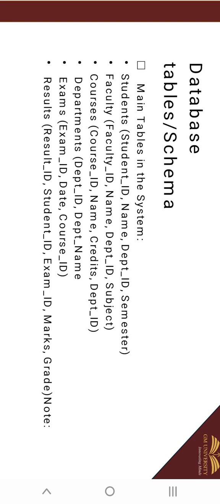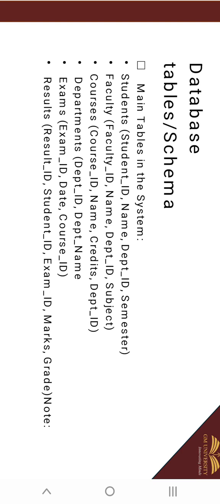Students is an entity, and id, name, department id, semester are the attributes of students. Faculty is an entity or schema, and its attributes are faculty id, name, department id and subject. Here course is an entity or schema that includes course id, name, credits, department id.